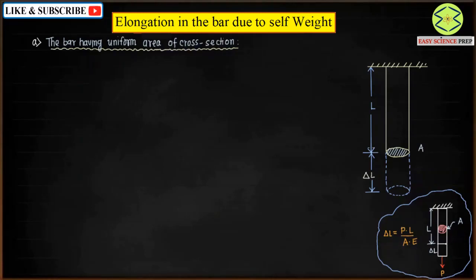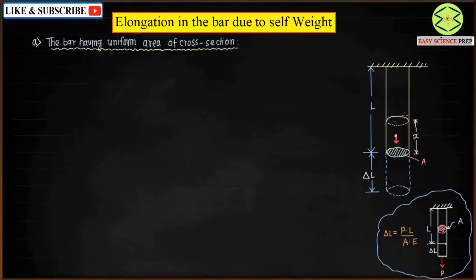But here there is no axial load applied from outside. This particular bar is getting deformed due to its own weight. The weight is acting on the bar, and it is going to create the elongation delta L. So in order to apply the standard situation here, I have considered this much portion of the bar having length x.